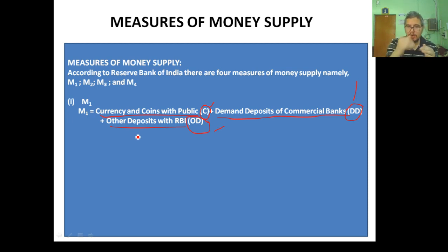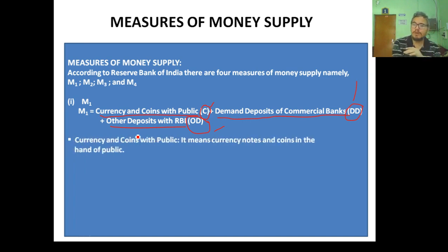Now let us see what these components mean in detail. Currency and coins with public, we have already discussed when we were discussing the components of money. I'll like to repeat it again. Currency and coins with the public is nothing but the money held by the public in the form of coins or notes.